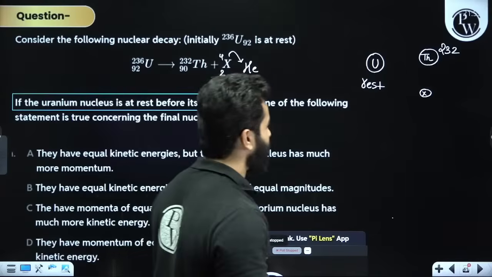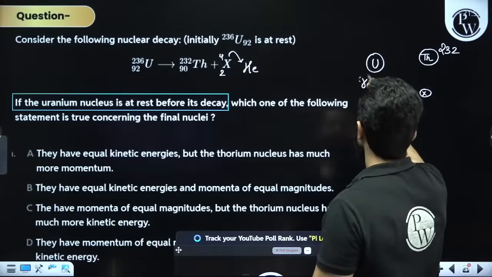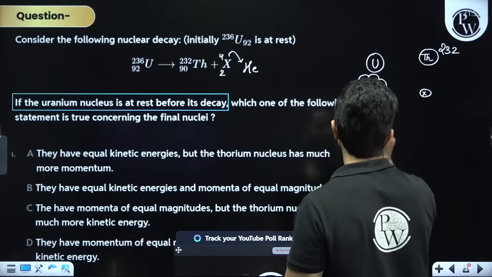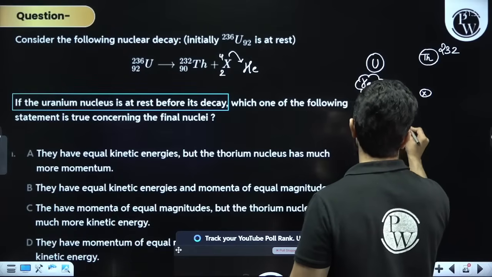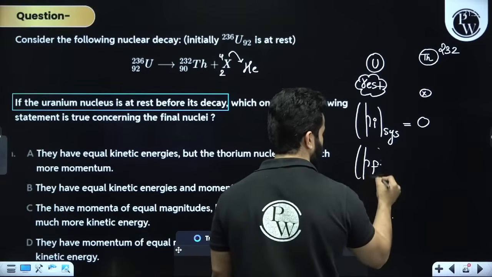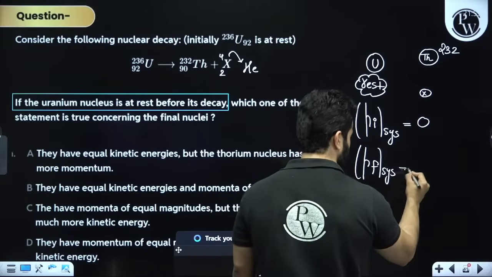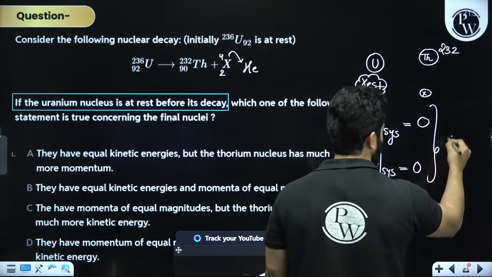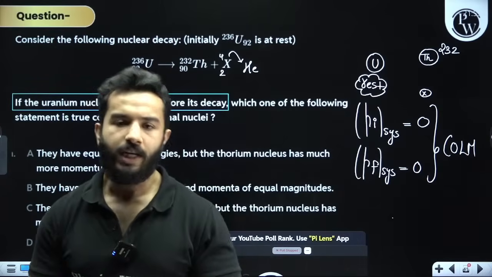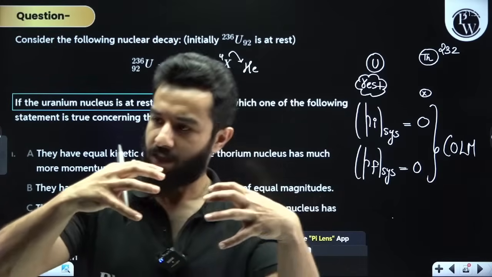Now my point is, dekho, initially it was at rest. That means the initial momentum of the system was 0. This means that finally the momentum of the entire system should also be 0, because of conservation of linear momentum. Decay is also happening because of internal reasons.